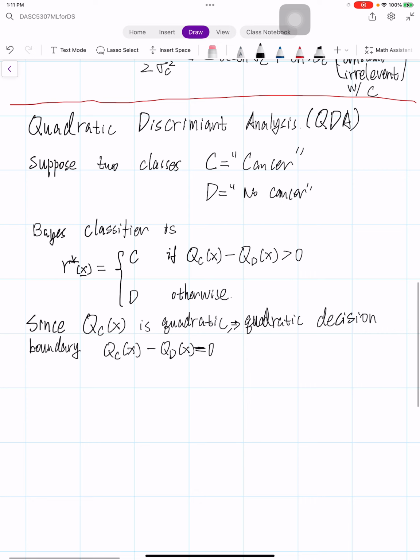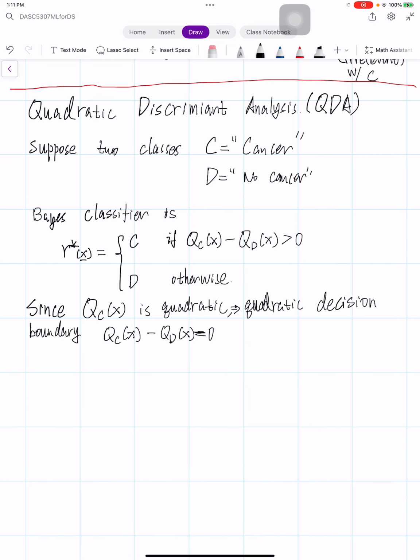Okay, so for example, for d equals 1, maybe we just pick, for example, QC is a function here, QD is a function here. We have two functions, and the decision boundary is just a point.